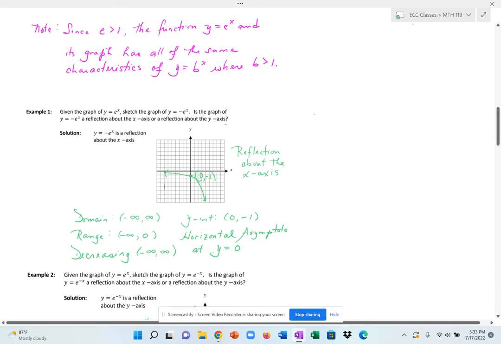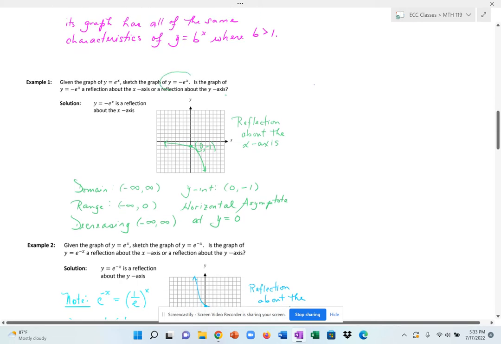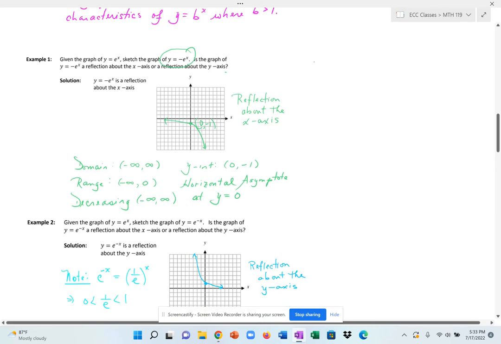All right, so in this last example, we graphed y equal to negative e to the x. And this next one, we're going to graph y equals e to the negative x. And this is the one where we're reflecting about the y-axis. Remember, e to the x would look like this.